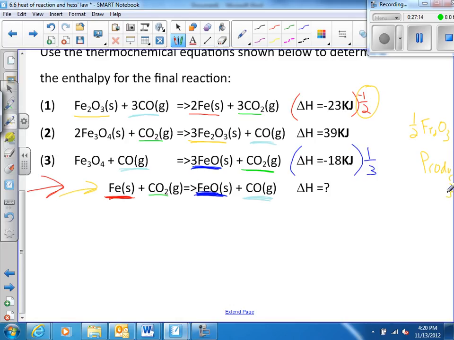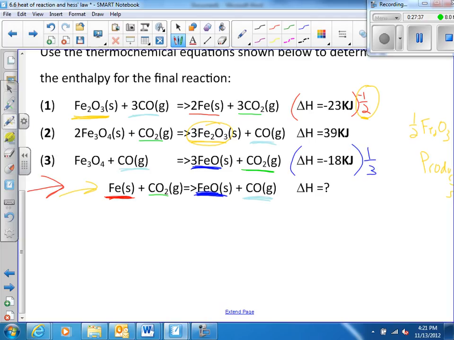Because of this reaction with a -1/2, I've got 1/2 of an Fe2O3 on the product side. So I need to get rid of 1/2 of an Fe2O3 from the products, which means I need to put 1/2 of an Fe2O3 on the reactant side.